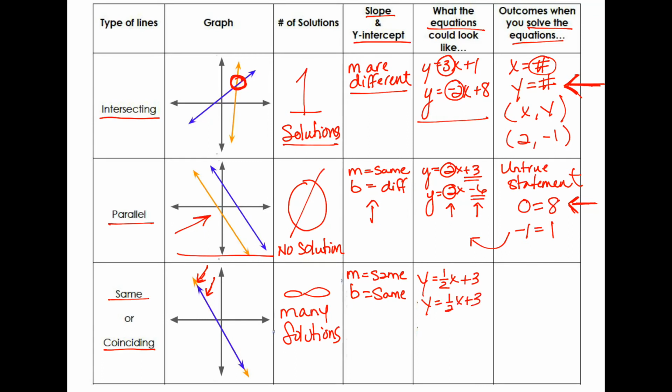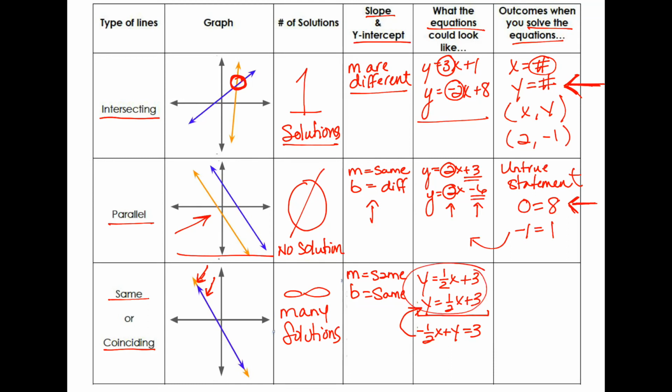But it's not always this easy. It's not always given to us in these nice slope-intercept forms. So you may get something that looks like negative 1/2 x plus y equals 3 as your second line. Before you decide that these are not the same line, make sure you put it back into slope-intercept form. And then you can see that they are, in fact, the same line.